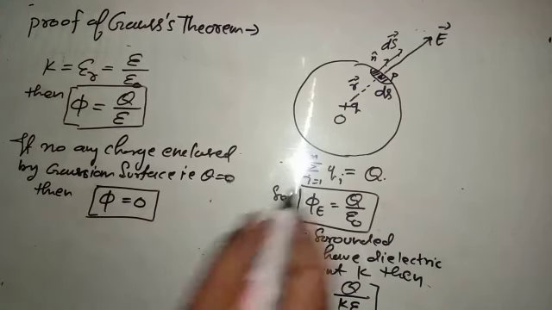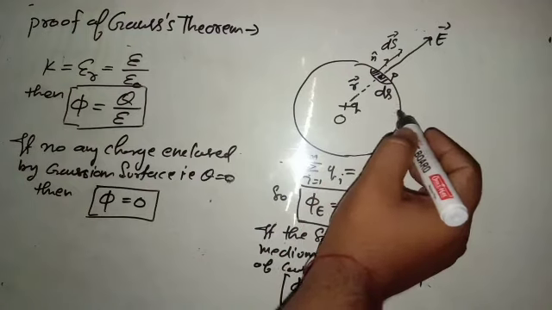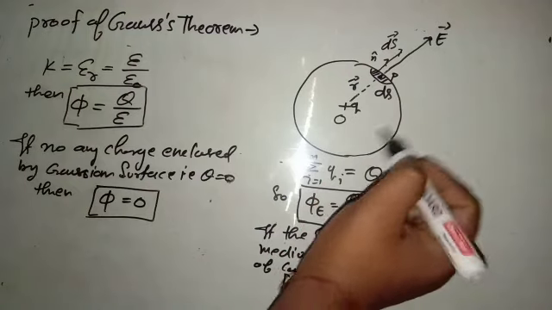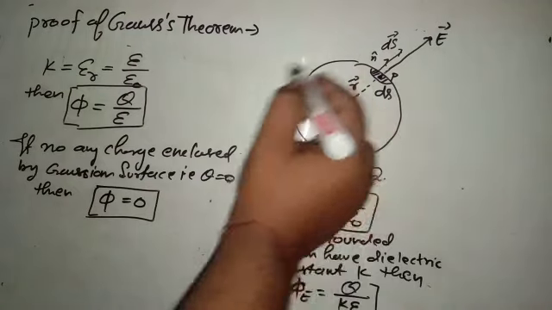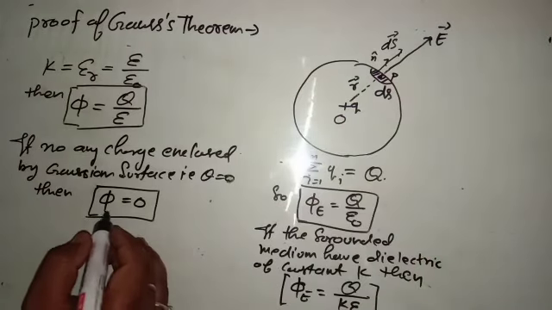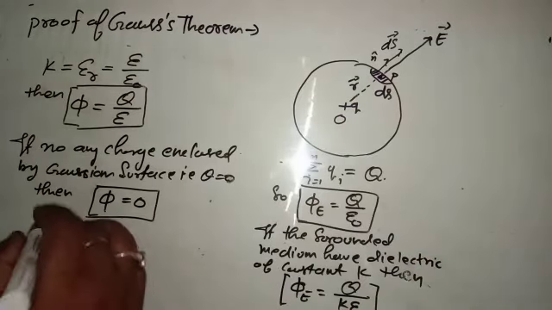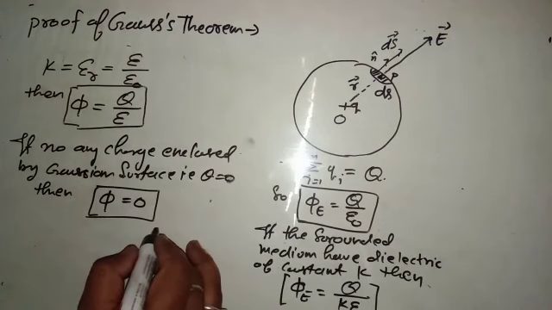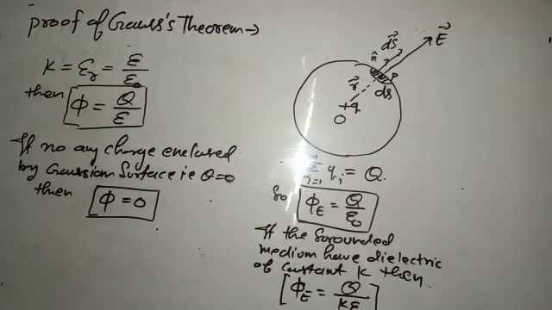When we consider the charge is situated outside the Gaussian surface, in that case no charge is enclosed by this Gaussian surface, so the total electric flux through that surface will be 0. So this is all about the Gauss theorem. After that we will discuss the application of the Gauss theorem.